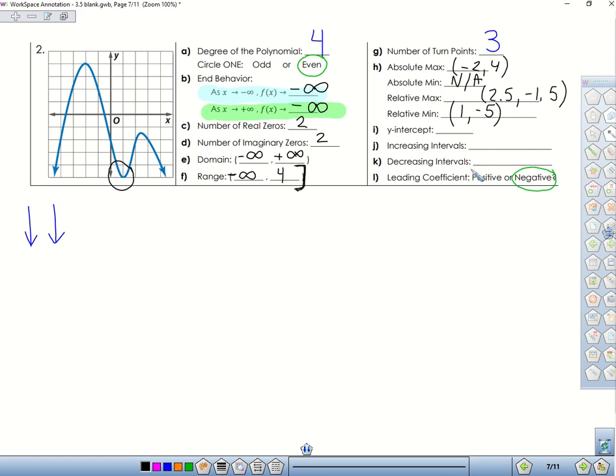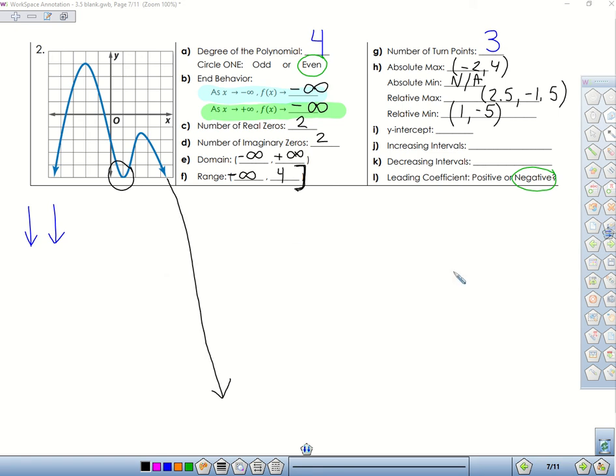So if it doesn't have those miniature things that you're talking about, would negative 2, 4 be the relative max? So if it doesn't have the miniature loop and it's just like up, down, like the last one, then negative 2, 4 would be the relative max?